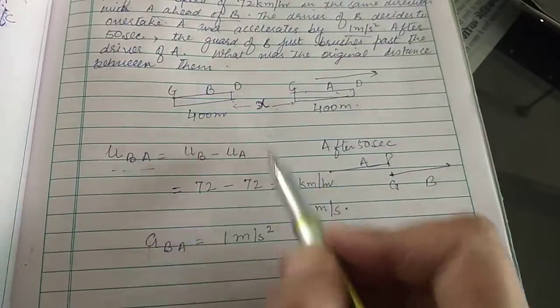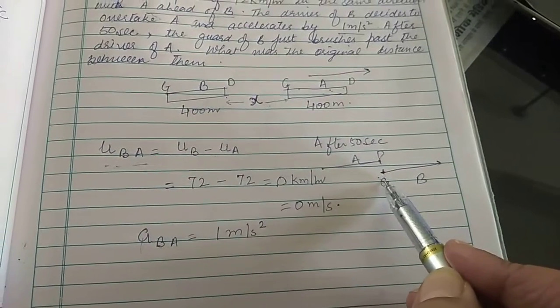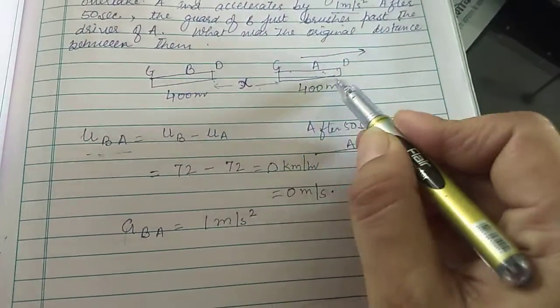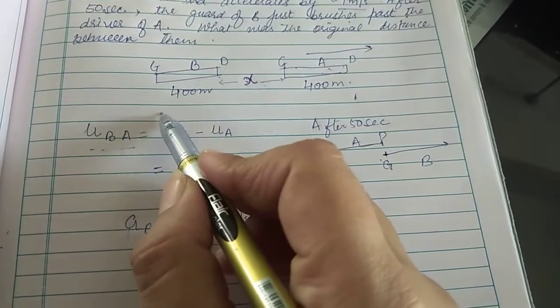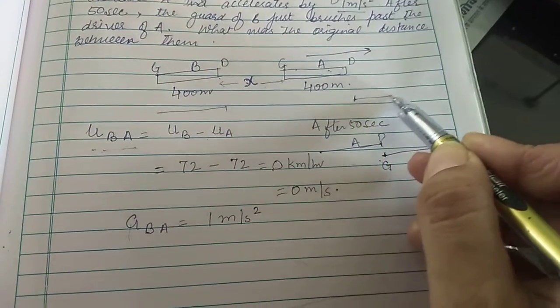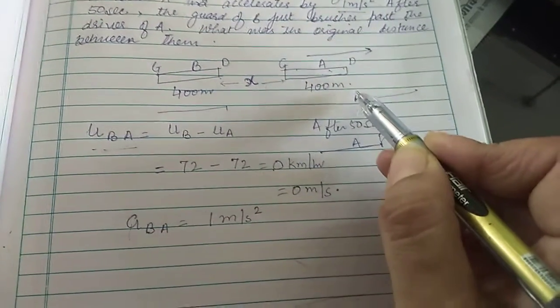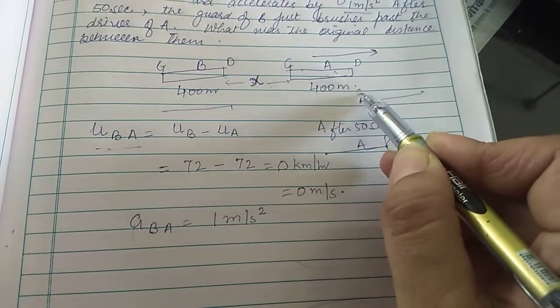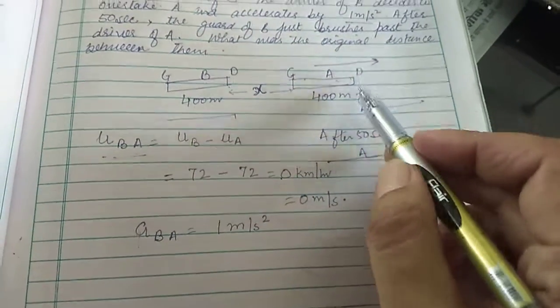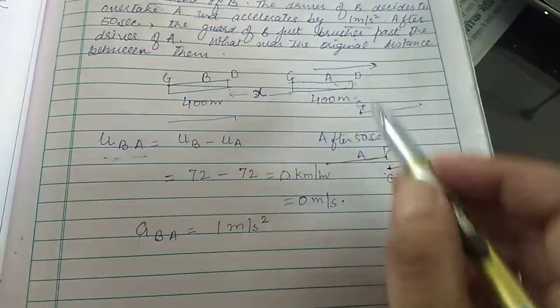This is train A; initially train B is here, and now train B has reached here, when the guard of train B is going to wave off the driver of train A.